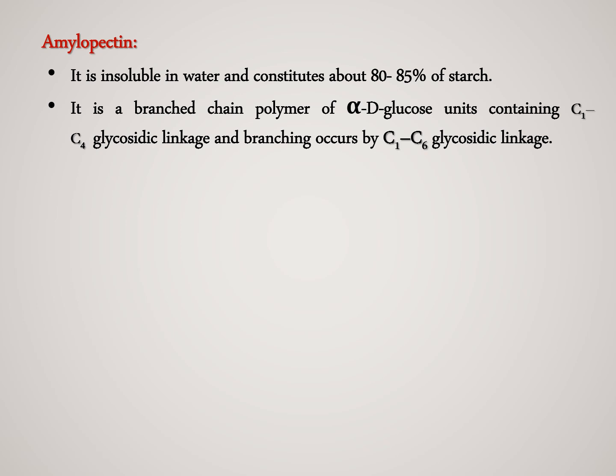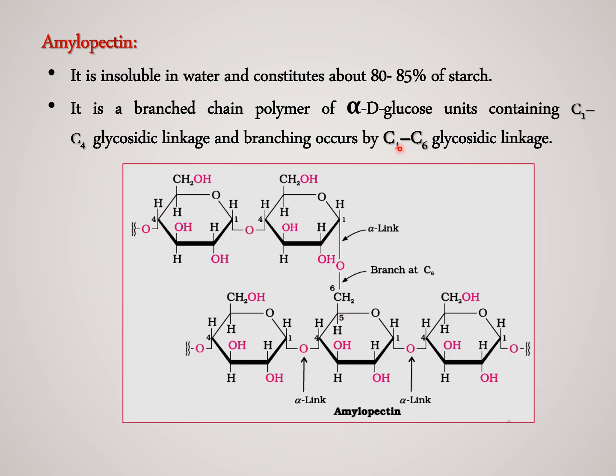Amylopectin is found to be a branch chain polymer where it is built up of alpha D plus glucose units, which has got first alpha D plus glucose units all linked together in glycosidic linkage, which is found to be C1C4 glycosidic linkage. Later, branching starts occurring, and that gives rise to C1C6 glycosidic linkage.